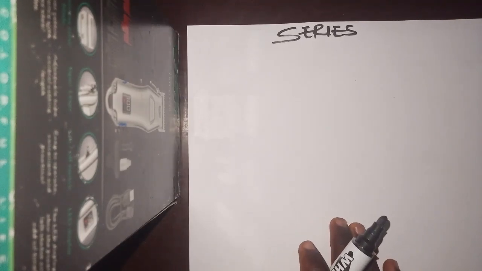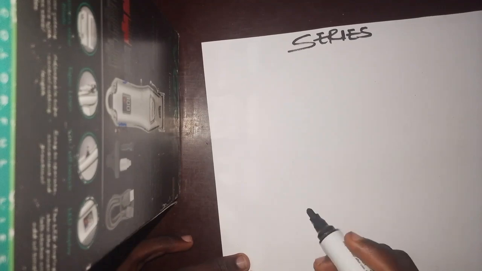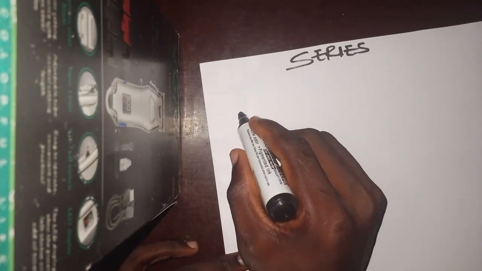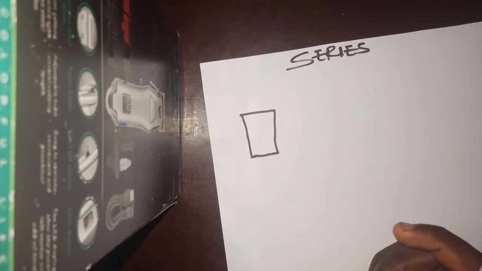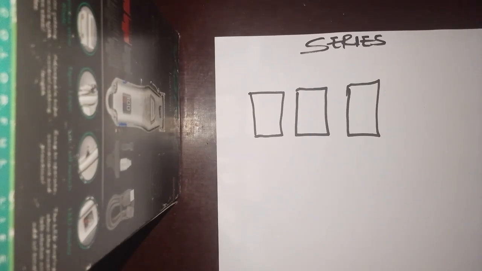So in today's discourse, we want to talk about series and parallel connection in the solar panels. So let's talk about the series connection in solar panels. Series connection in solar panels actually means, let's take for example, this is a solar panel and we have a couple of them.